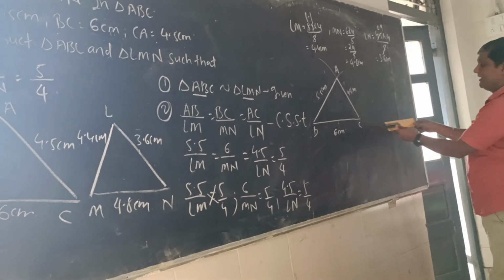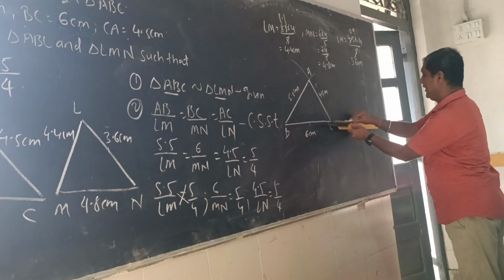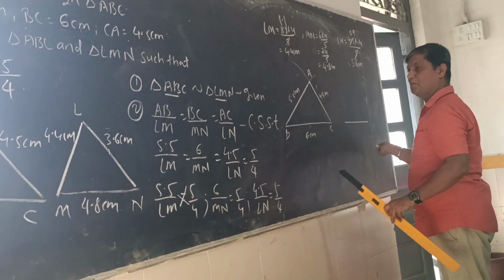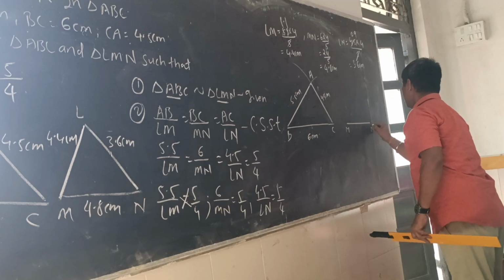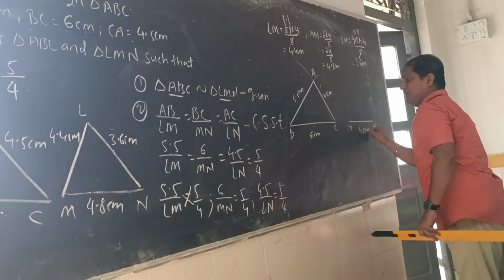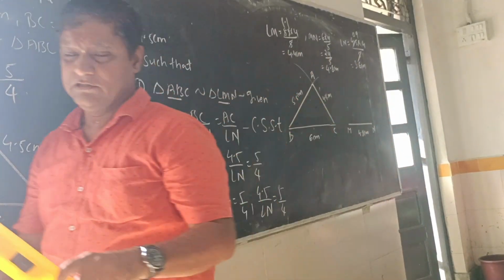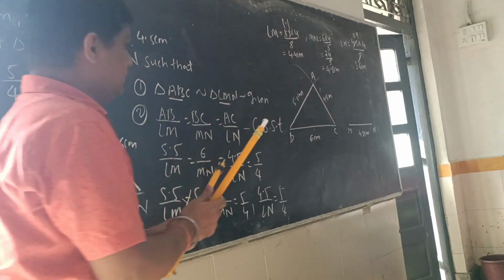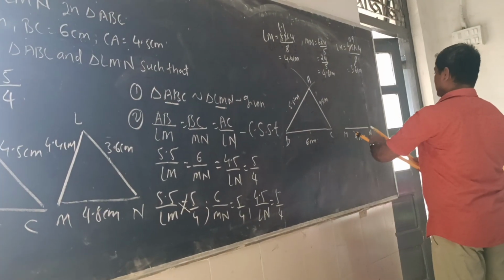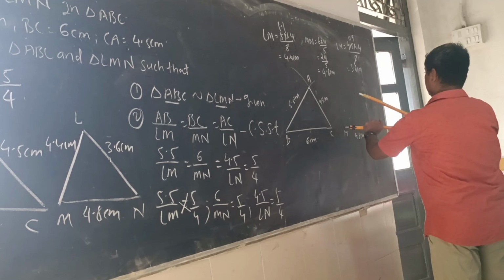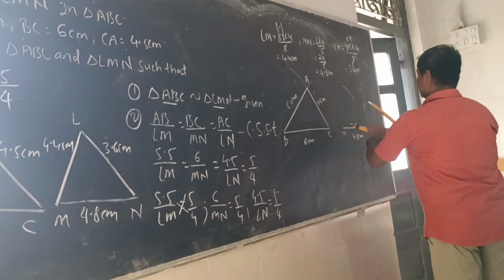Another triangle side which is given is 4.8. It will be 4.8 centimeter. Then again you have to take the compass to 4.4 centimeter. Compass is here.